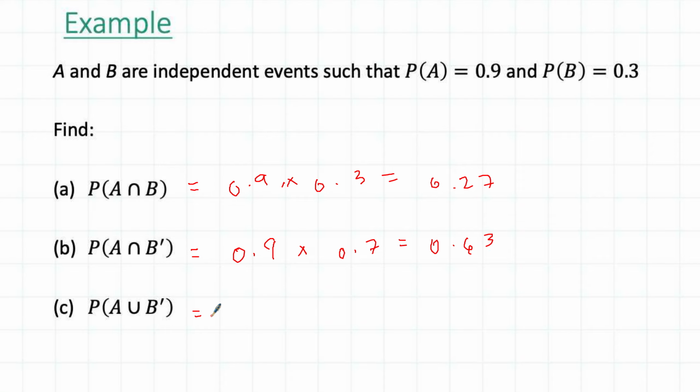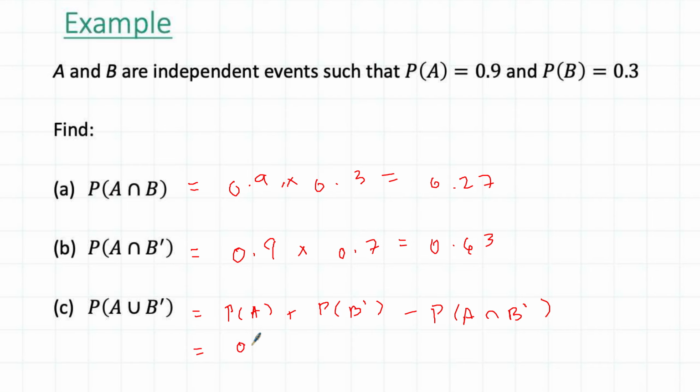And now when I get to the probability of A union B, we need to use the addition rule. So that would be the probability of A plus the probability of B complement minus the intersection between them. Don't forget the addition rule because you don't want to double count the intersection.